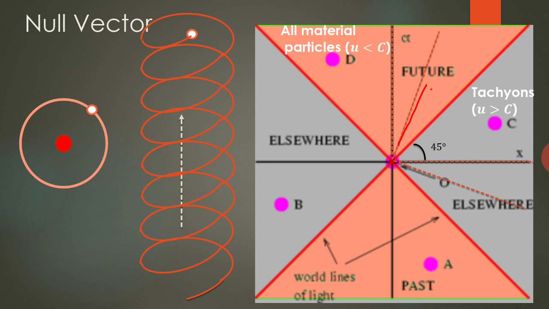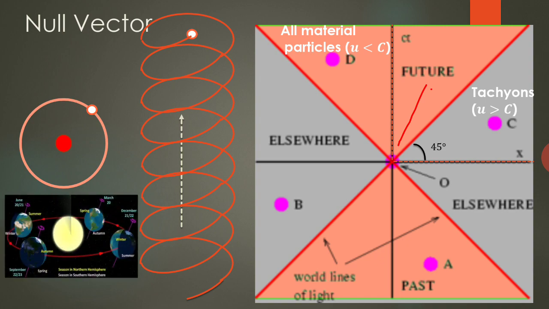With the proper choice of Lorentz transformation, if I specify the time, I can predict the location of the particle, just like in the solar system. If we know the time, we can predict the location of Earth. In December it will be a little nearer to the Sun, and in the month of June it will go very far from the Sun.